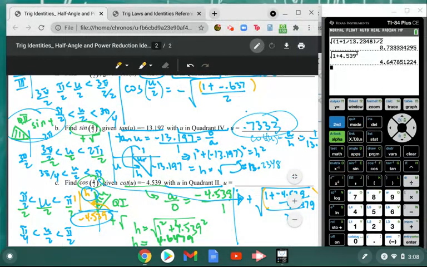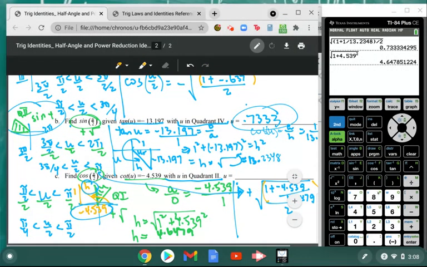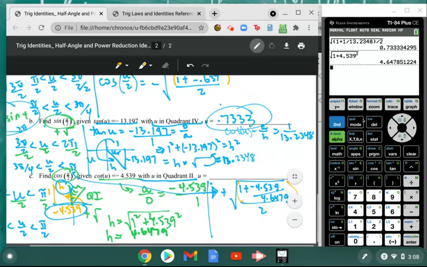And let's go ahead and put this into the calculator. My symbols there are just a little bit in the way, but I think there we go. So positive square root. I want the square root of parentheses from my numerator, 1, I'm just going to write minus here, 4.539 divided by hypotenuse, which is 4.6479.